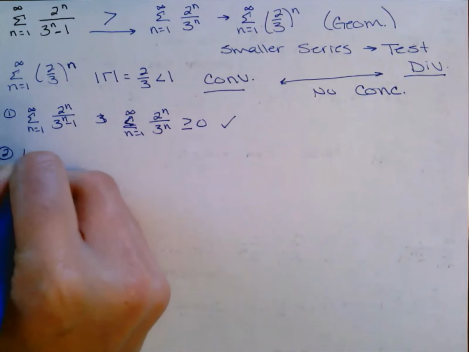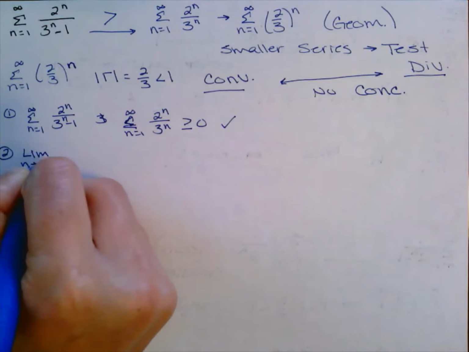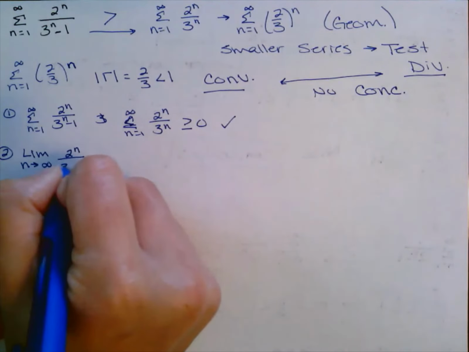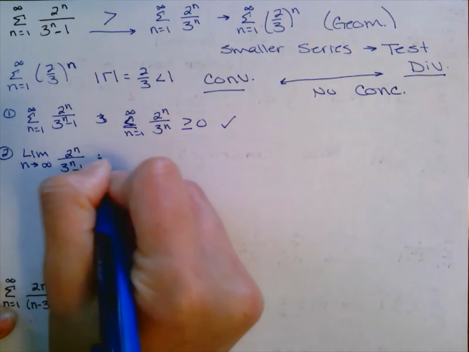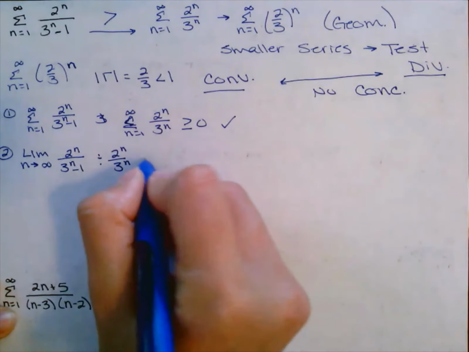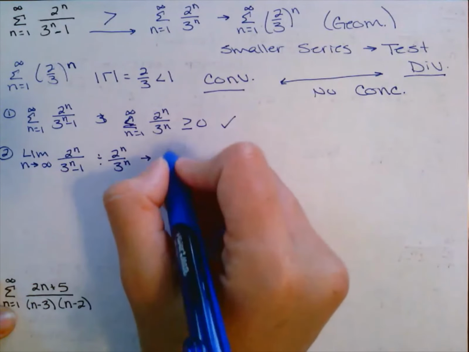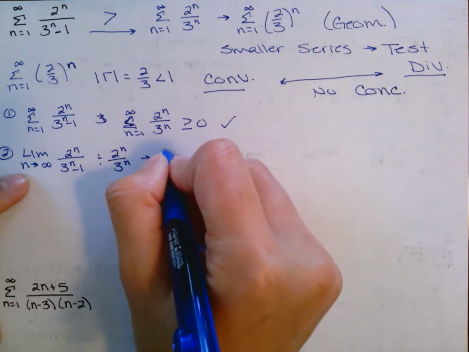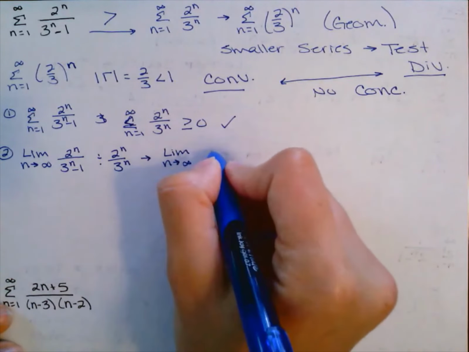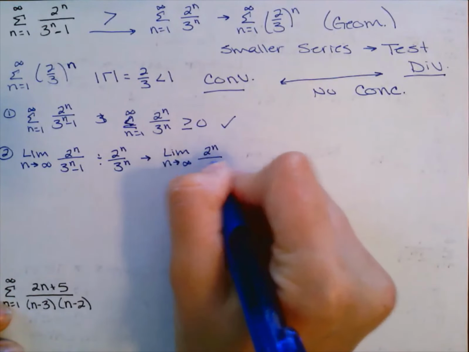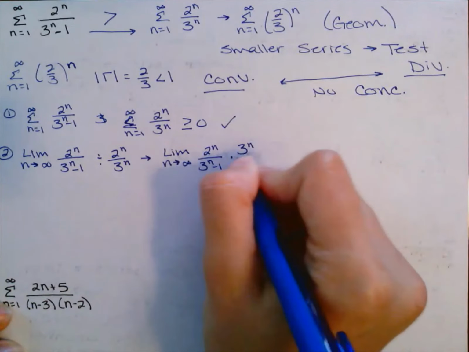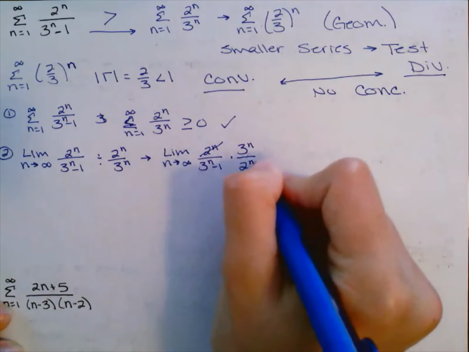Then I have to test the limit as n approaches infinity of the original divided by the one I'm working to compare, which I can rewrite, these cancel.